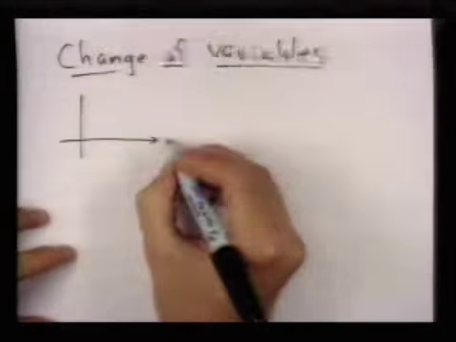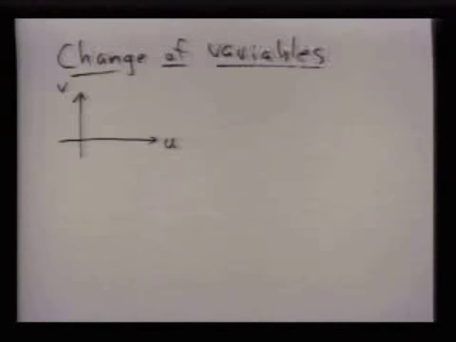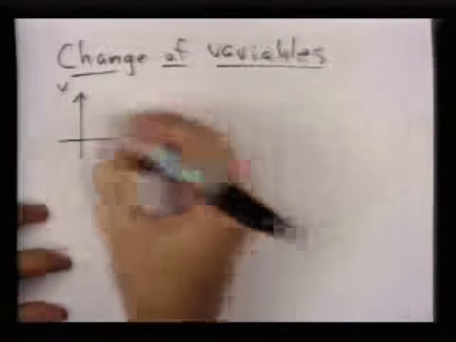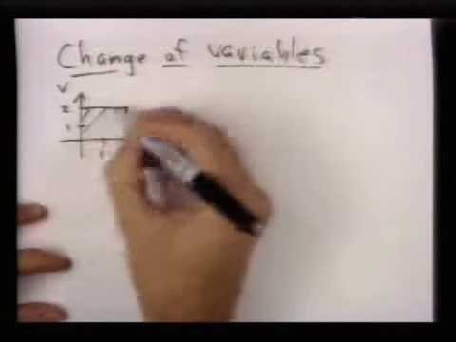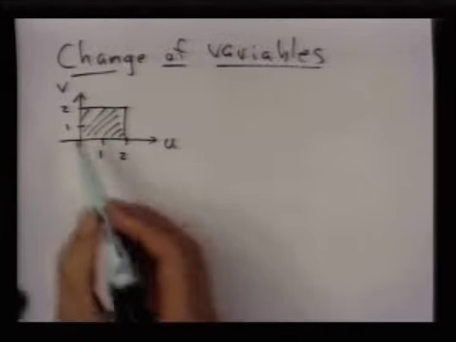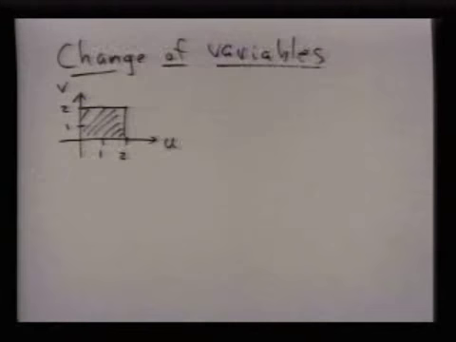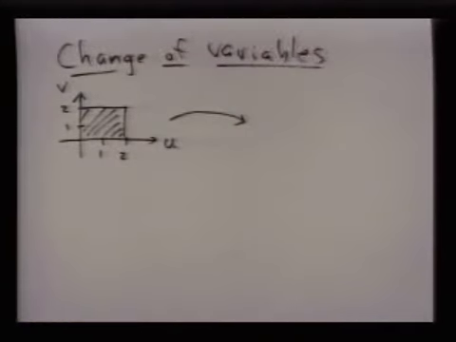I'll draw a square in the UV plane, the square that runs from 0 to 2, 0 to 2, and I want to change u and v into some new variables and see what happens to this region.